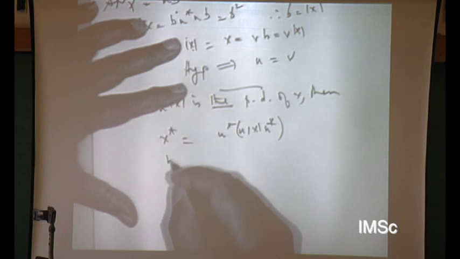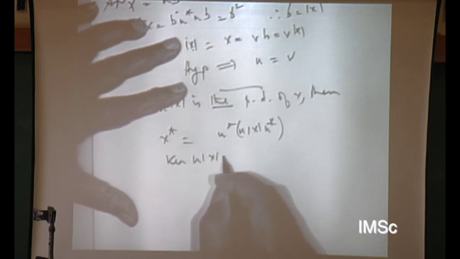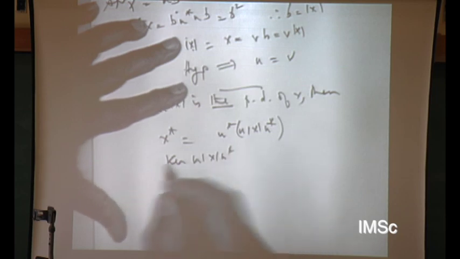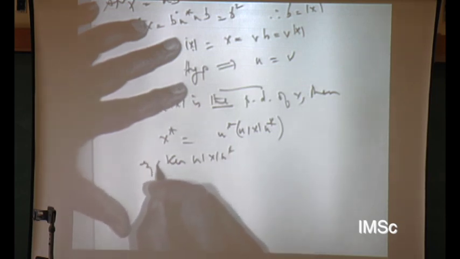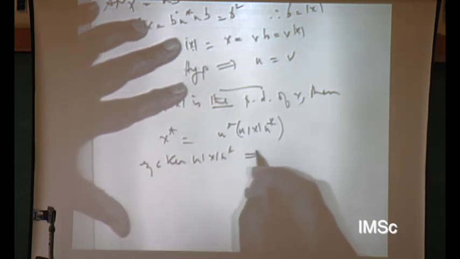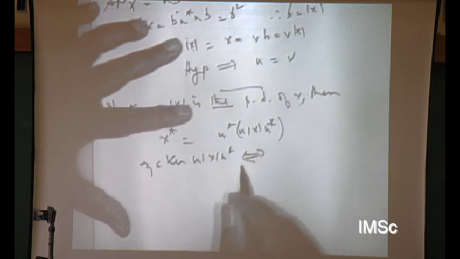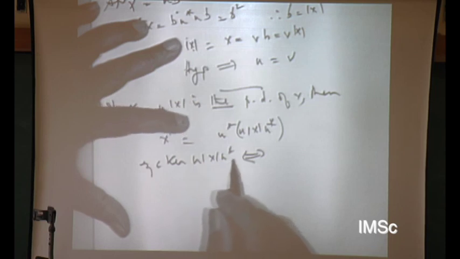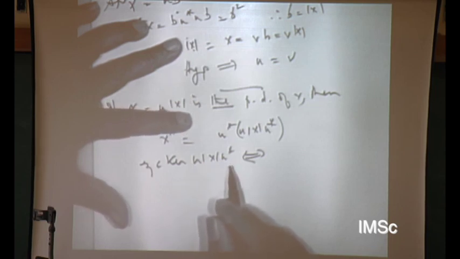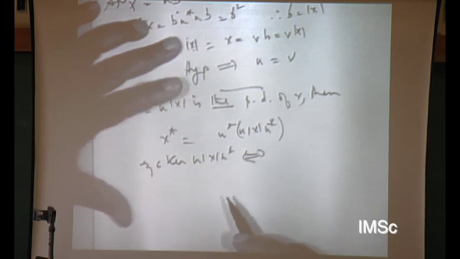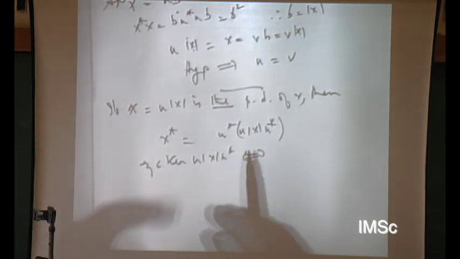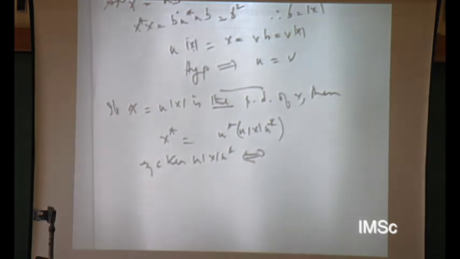So what is the kernel of U mod x U star? See, Xi is in here precisely when U mod x U star Xi, this is positive. So U mod x U star Xi Xi is 0.